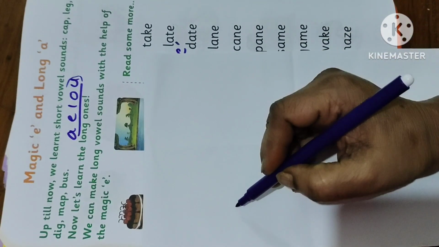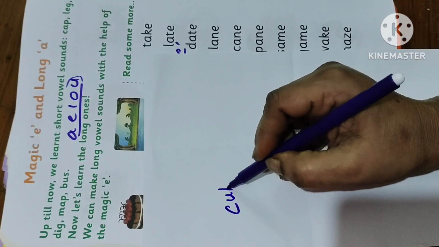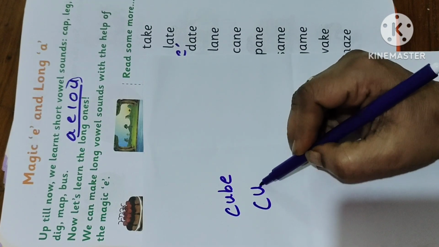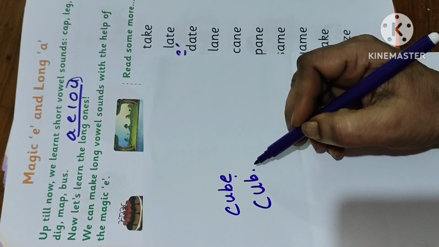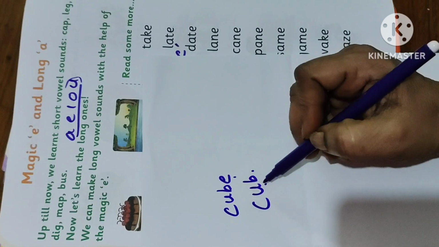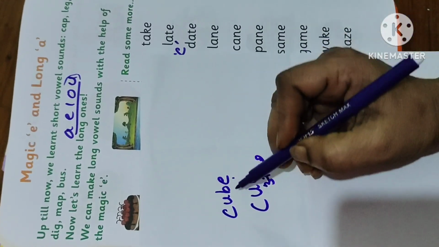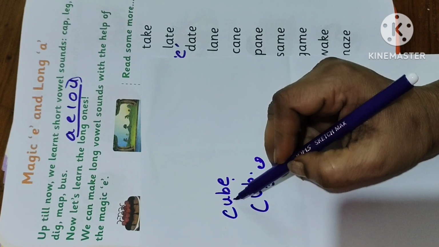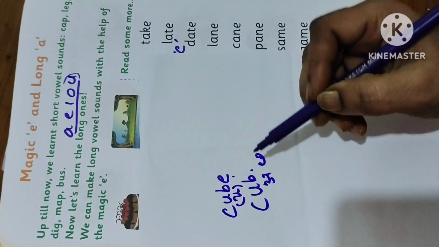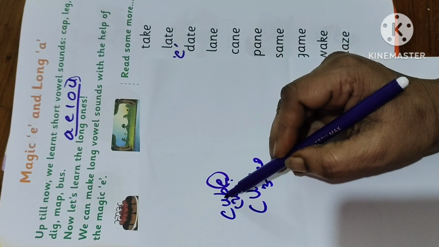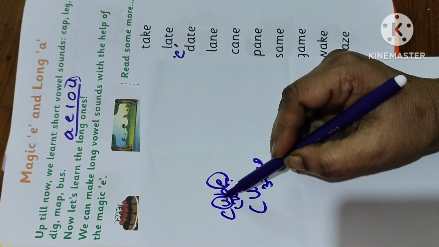This is C-U-B-E, cube. But when E is not added, what happens? Cub, this is the short sound. Cube, U sound. So when the E is silent at the end of the word, the vowel pronounces its letter name.